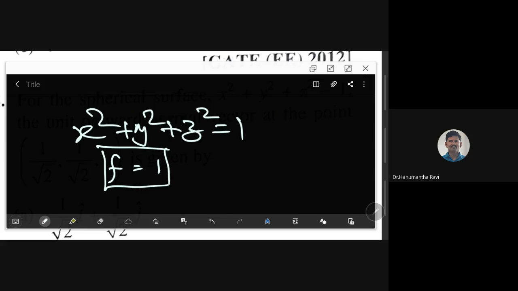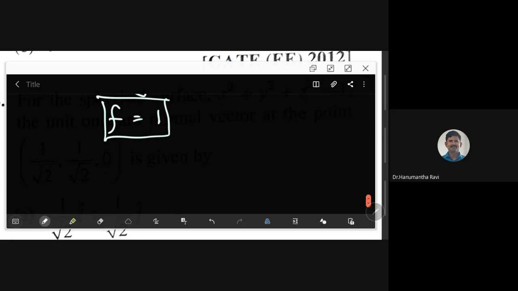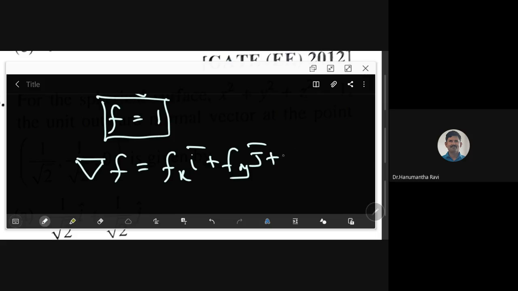For this one, this is called a level surface. If we want a normal vector here, that is represented by gradient of f, grad f. So grad f is fx i bar plus fy, dou f by dou y j bar, plus dou f by dou z k bar.